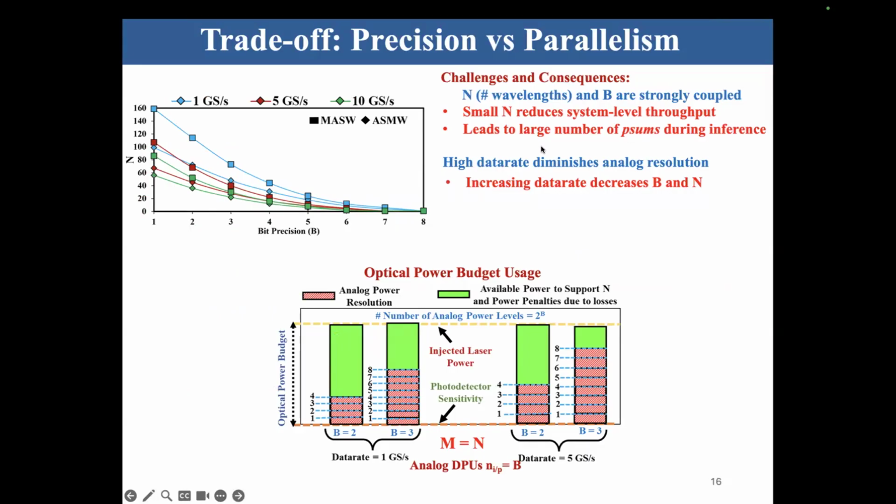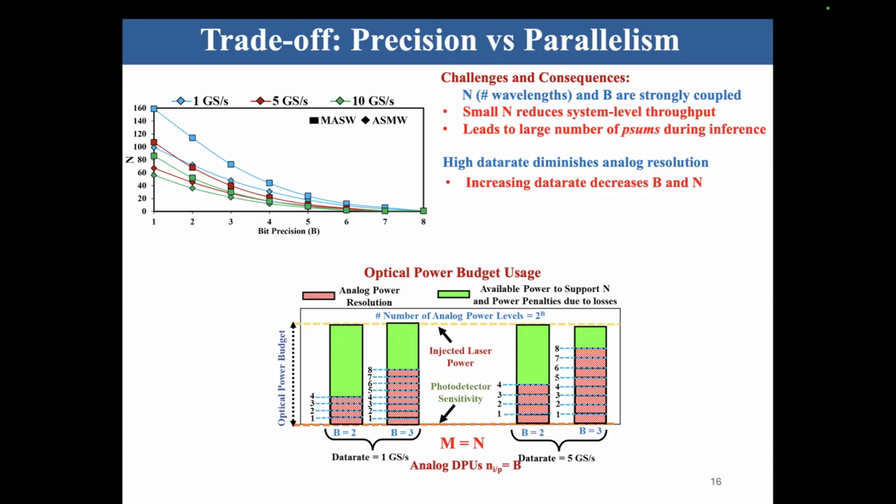It also leads to something else: because we don't have a larger bit precision, you end up using a bit slicing methodology to achieve larger precision for computing. That increases the number of partial sums that you create. Then you have to deal with those partial sums, maybe optically in some cases.